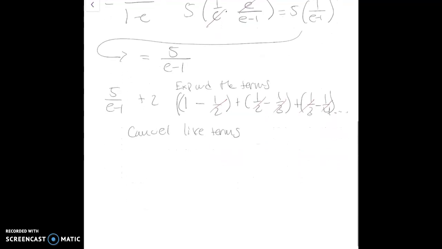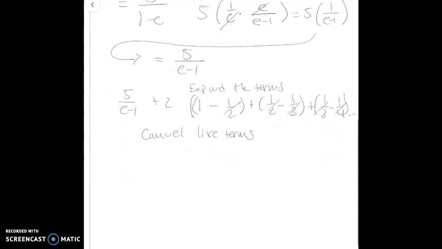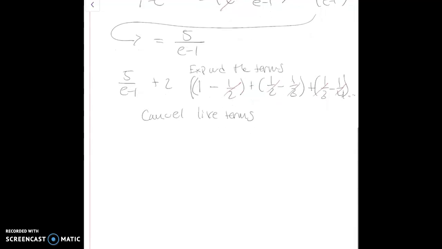So after, we would get 5 over e minus 1 plus 2 times 1, which equals 5 over e minus 1 plus 2.